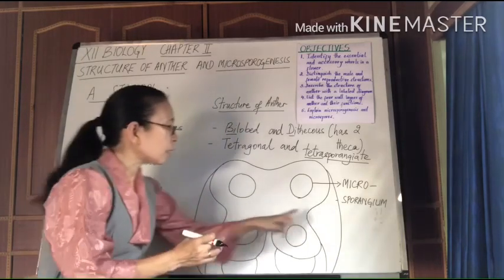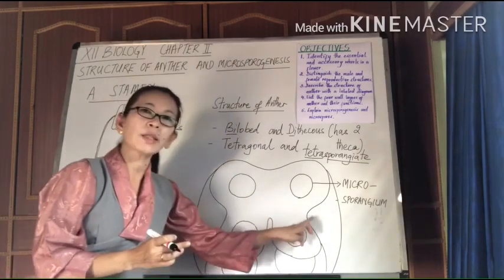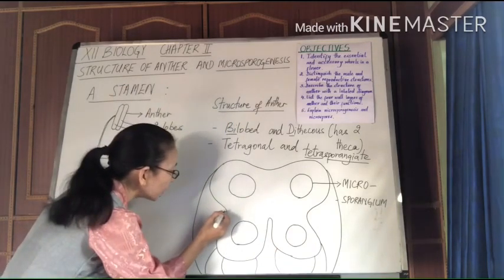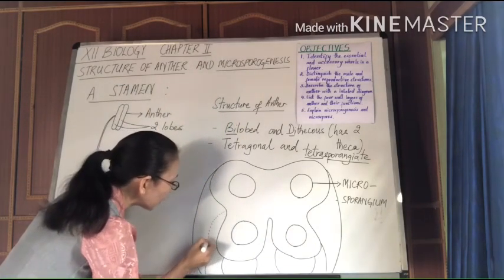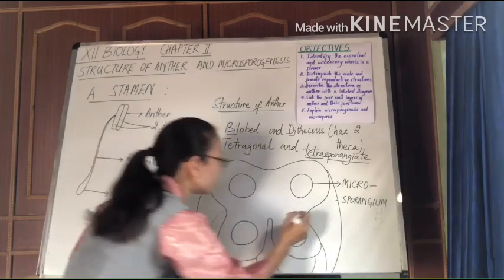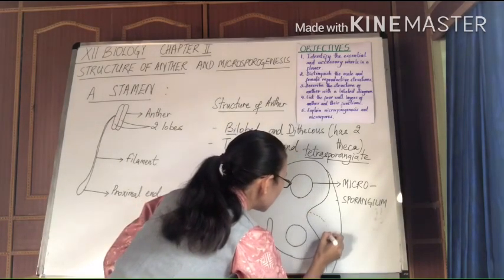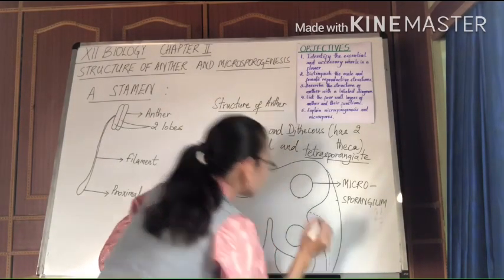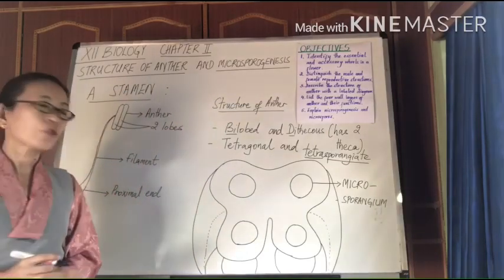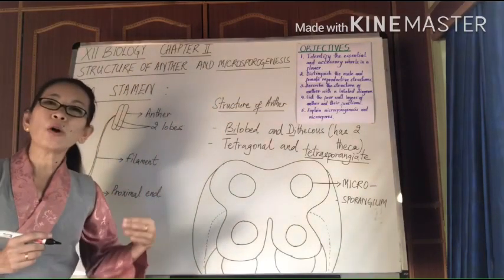So from these corners, from these edges, we have a structure which is known as the line of dehiscence.